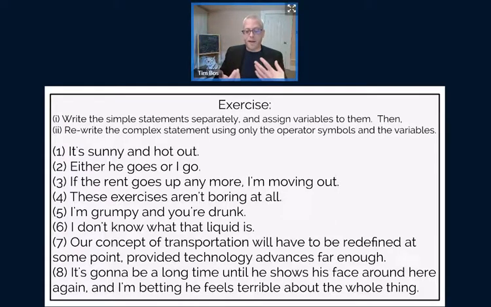So the simple statement that you put first is technology keeps advancing, right? Technology advances far enough, right? If technology advances far enough, T, then arrow, our concept of transportation will have to be redefined at some point.